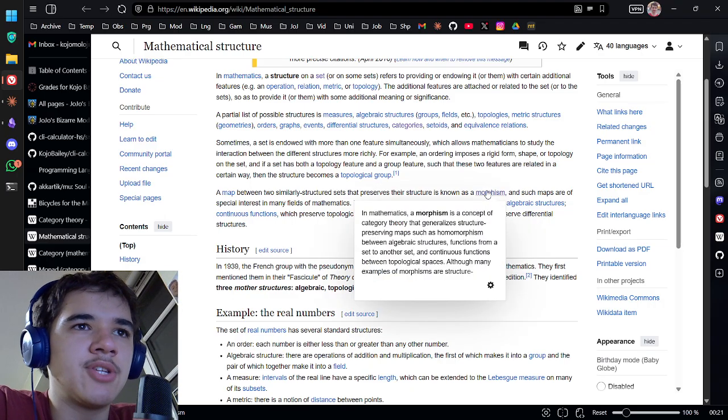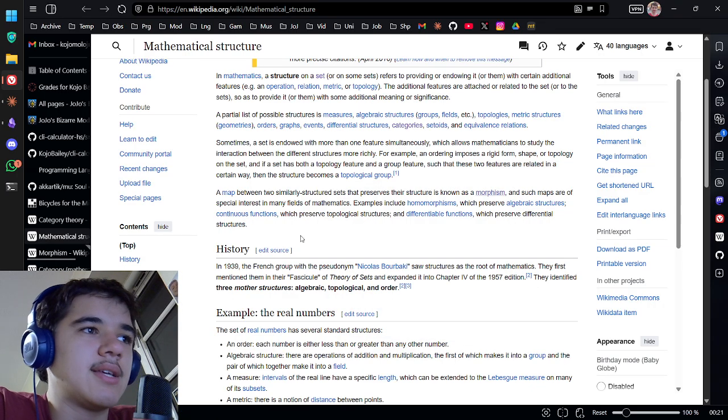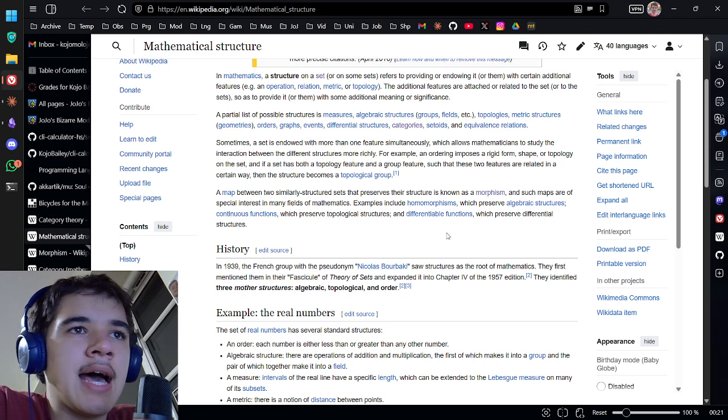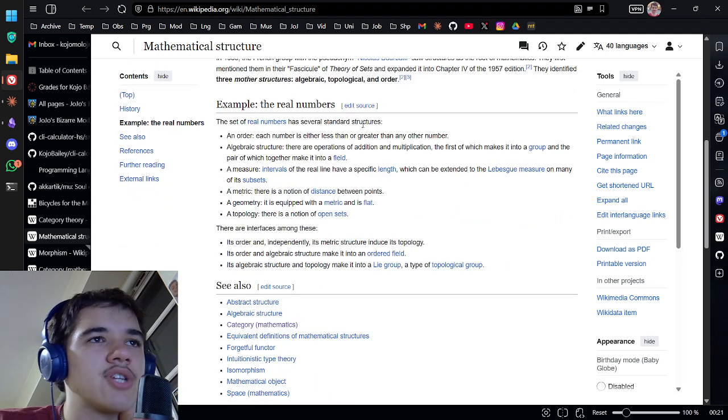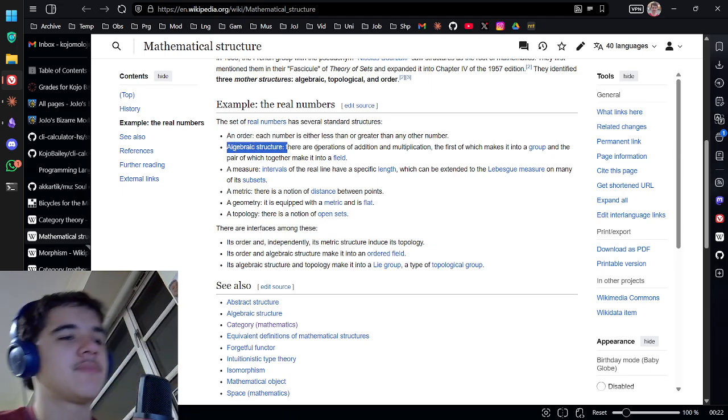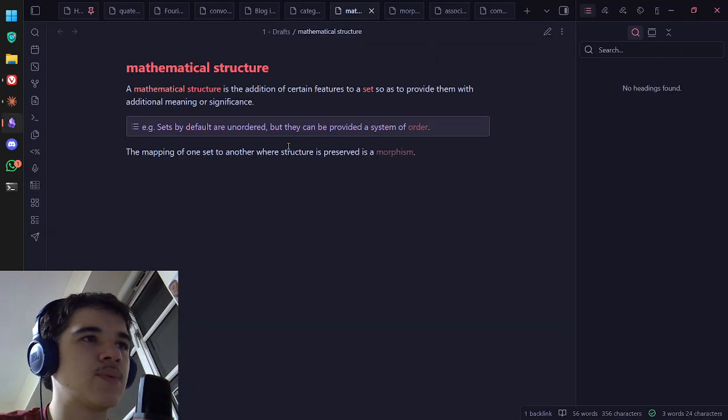In fact, can I open this in a new page? Okay. And for the example, the set of real numbers has several standard structures. An order, that is true. Algebraic structure, in fact, let me write this down as well.